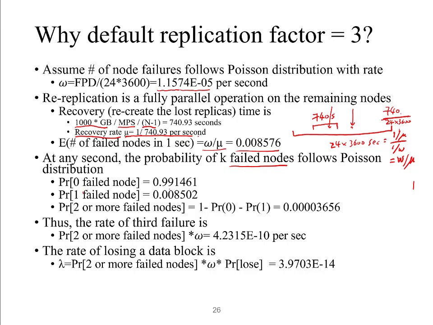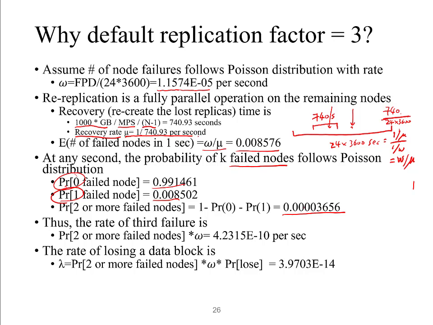The probability of 0 failed nodes is 0.99. For 1 failed node, we have this number. For 2 or more failed nodes, we use 1 minus this part and minus this part again, and we have this number. This is the probability of having 2 or more failed nodes.